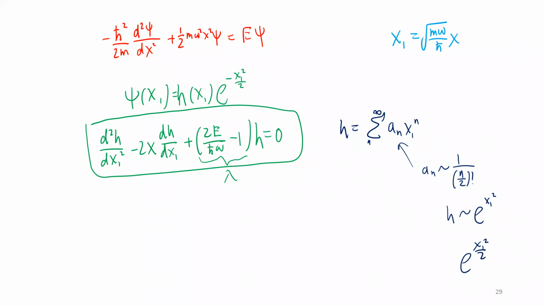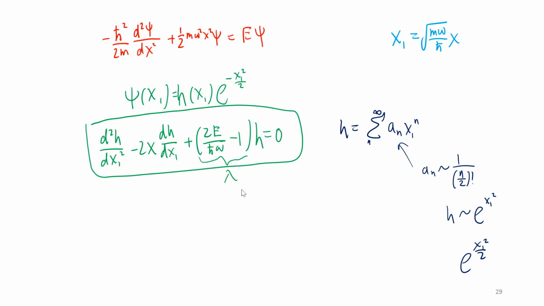We are looking for wave functions that are localized, bounded by the harmonic oscillator potential. Therefore, we want to look for the solution which is not an infinite series, but instead a truncated polynomial.